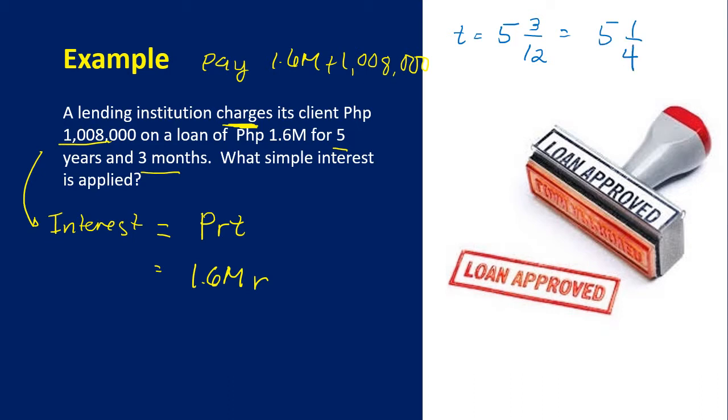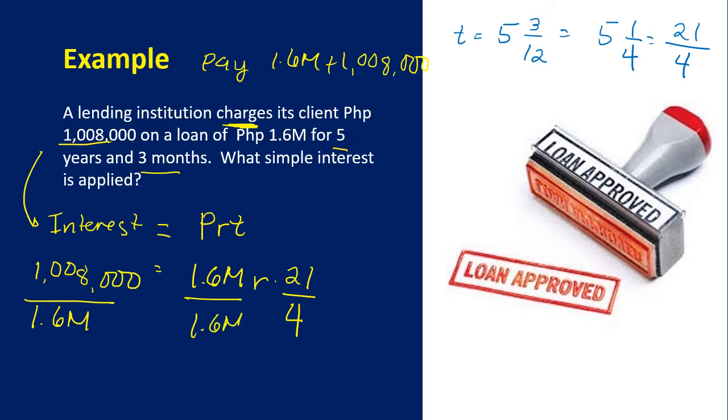Of course, we have to turn that into an improper fraction, so that's 21 over 4. So their interest is 1,008,000.